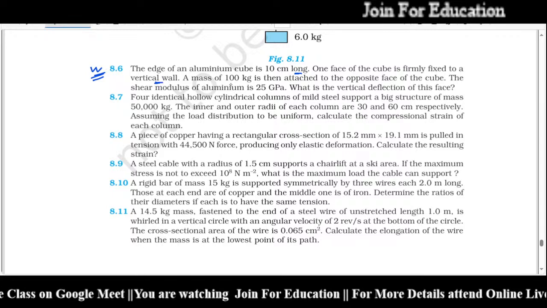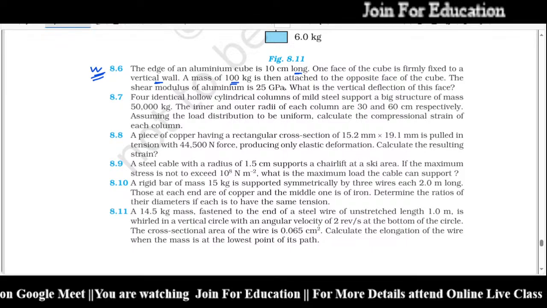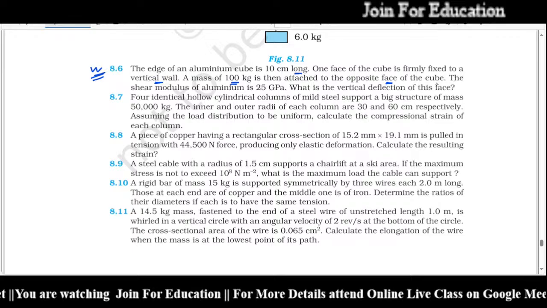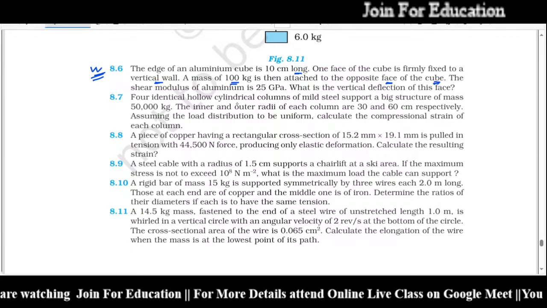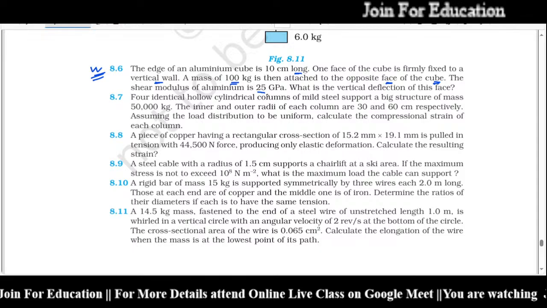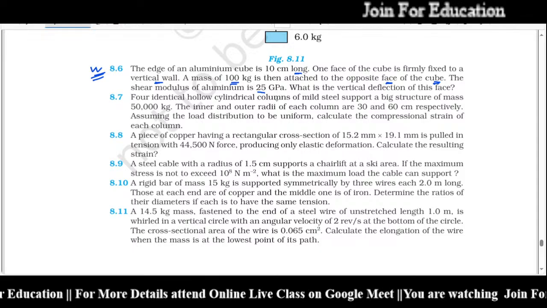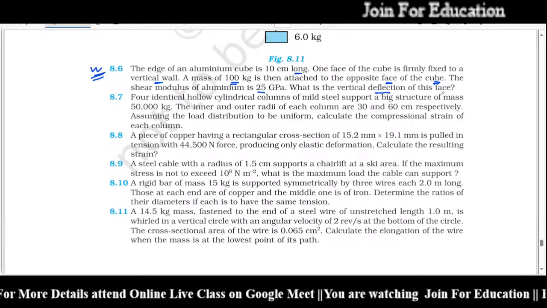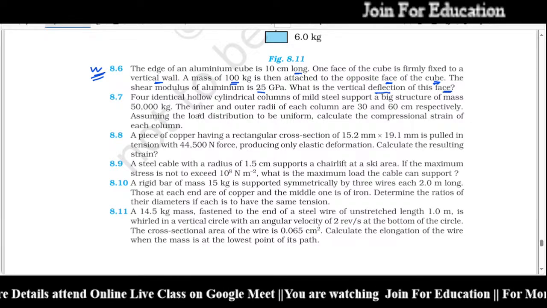A mass of 100 kg is then attached to the opposite face of the cube. The shear modulus of aluminum is 25 gigapascal. What is the vertical deflection of this face?